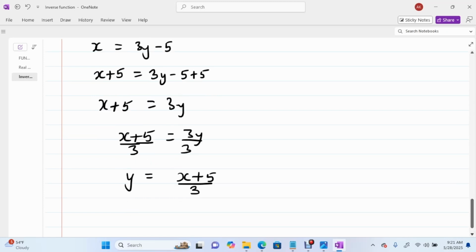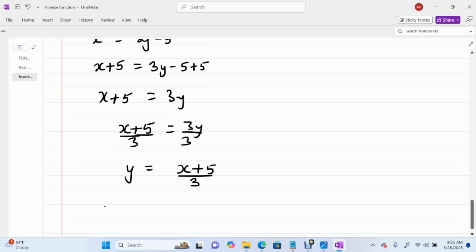And finally, we say that f inverse of x is equal to x plus 5, all this divided by 3. And that will be our inverse function.